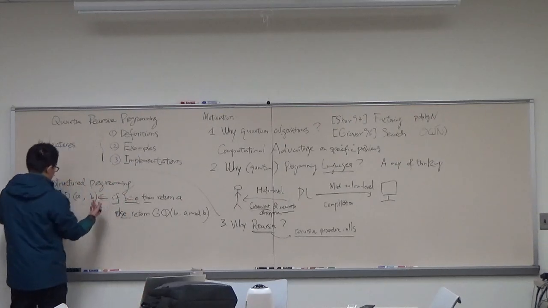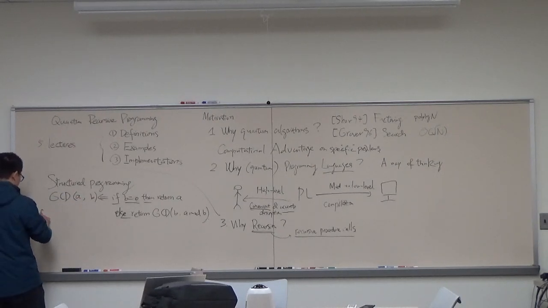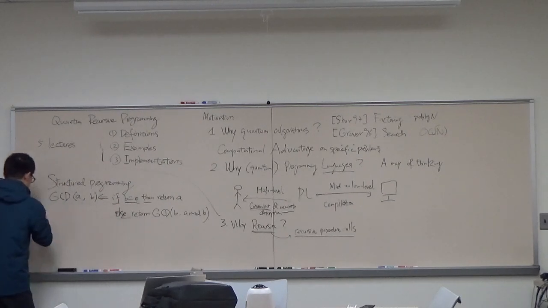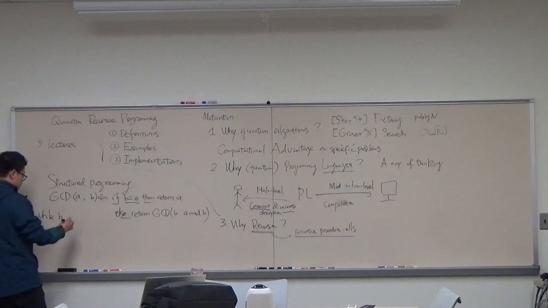And of course, we have other primitives other than this recursion. So here we already see this if-then-else statement. We also have a while loop. We can say while B, where B is a Boolean expression.